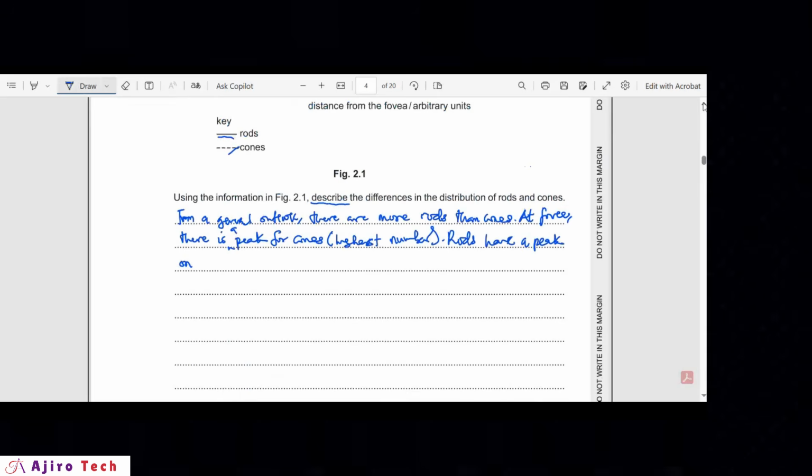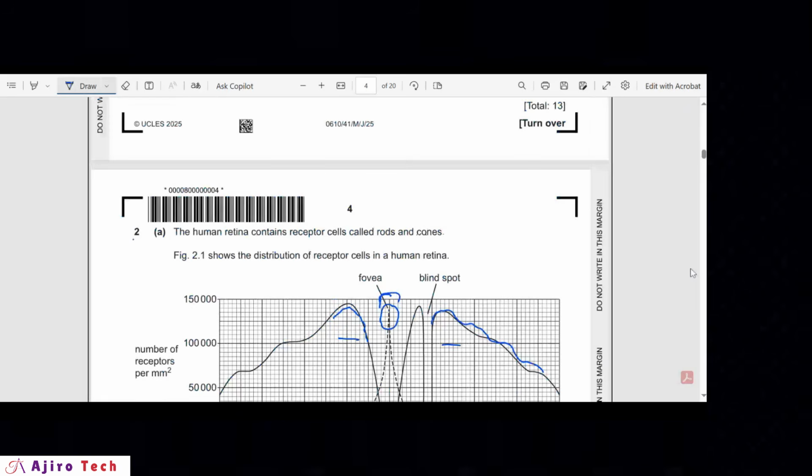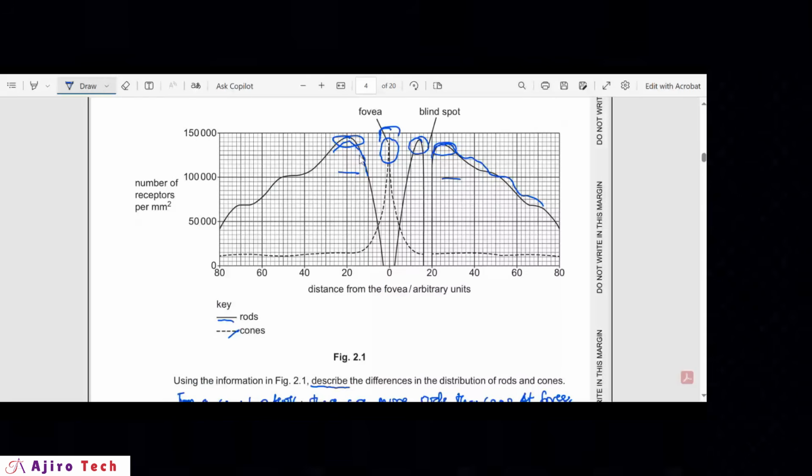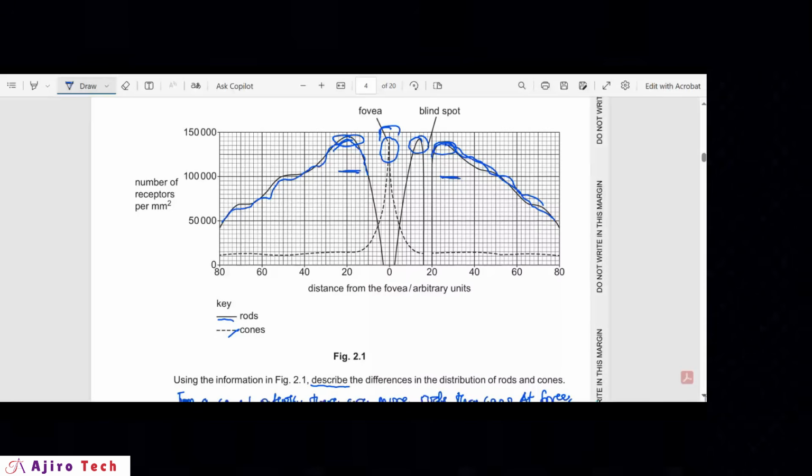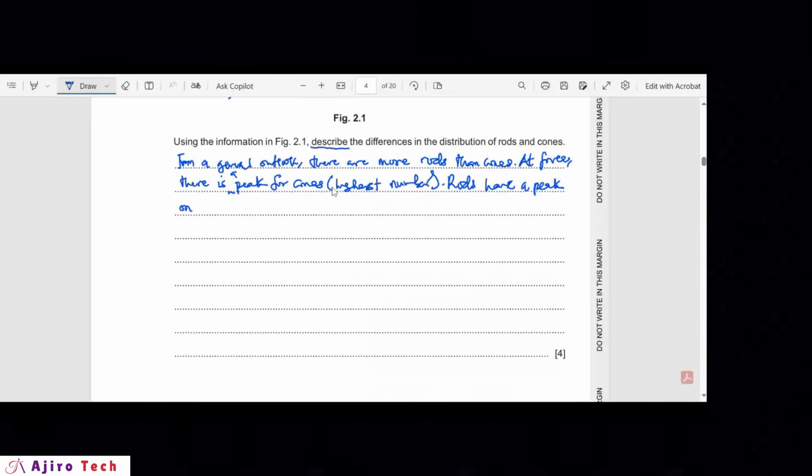As you can see, here is a peak, and there's another peak here. But then we can say that rods increase in number towards the fovea. You can see from here it's rising, increasing towards the fovea. So rods increase in number towards the fovea.